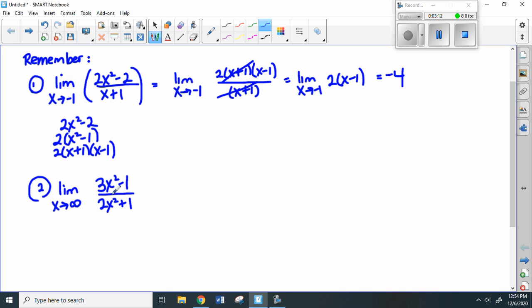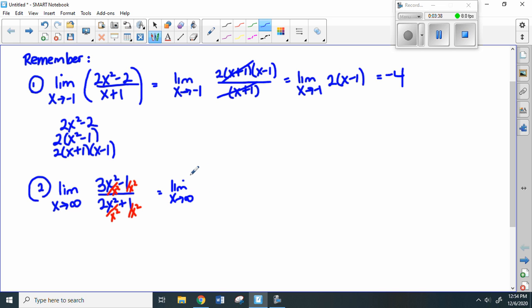And so remember, the process is different than trying to factor. You're really dividing each term by the highest power of x from the denominator, and then simplifying those to see what you have left to take the limit of.